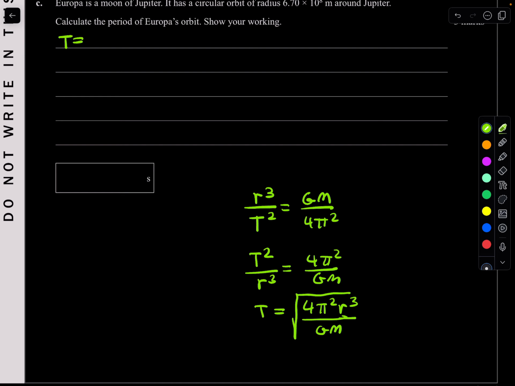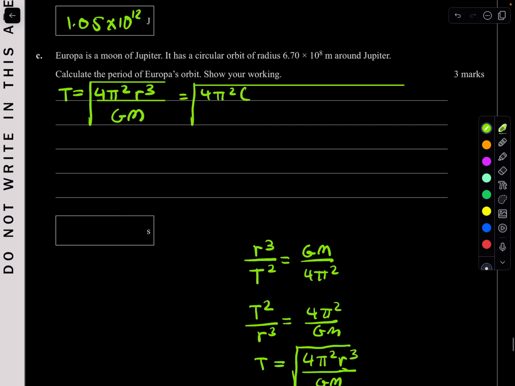The period is equal to the square root of 4 pi squared r to the power of 3 divided by GM, which is equal to 4 pi squared times r, the orbital radius, which is 6.70 times 10 to the power of 8, to the power of 3, all divided by your G, your gravitational constant, which is 6.67 times 10 to the negative 11, times your central mass, which in this case is Jupiter.